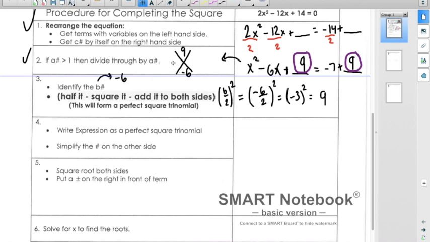Well, if you think about it, it's negative 3 and negative 3. So the nice thing about completing the square is that you don't have to go through your whole wall. Once you figure out what that number is, in this case, it's negative 3, that's pretty much going to be your trinomial.